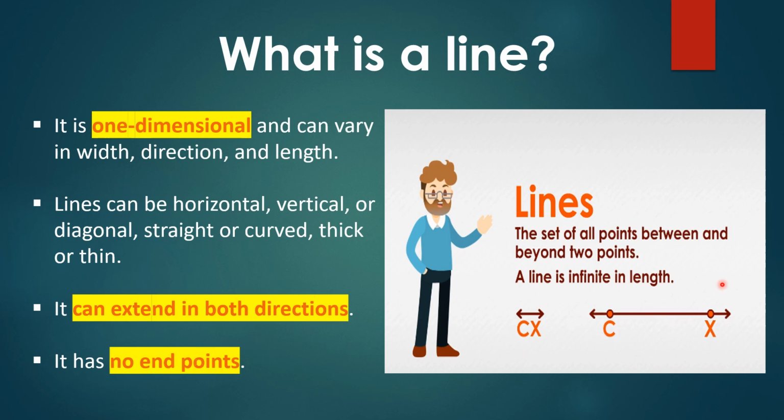So you can see here in the image, we have two arrows, that is, it can extend in both the directions and it can be denoted like this. So a line can extend infinitely in both the directions, and this can be denoted as, like here we have a line CX, so it can be denoted as CX with a double arrow headed structure.